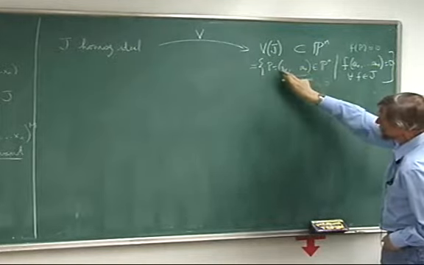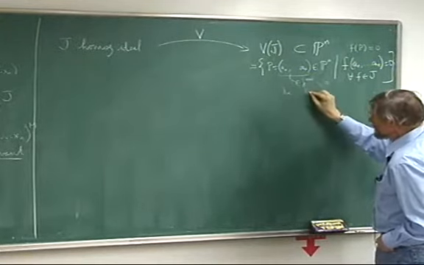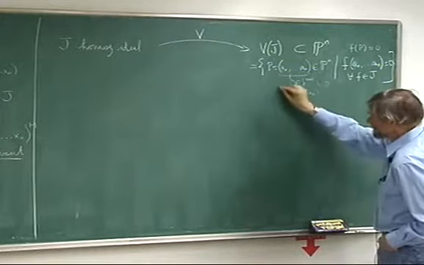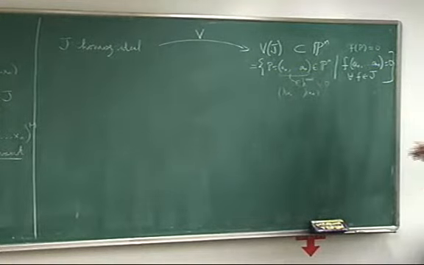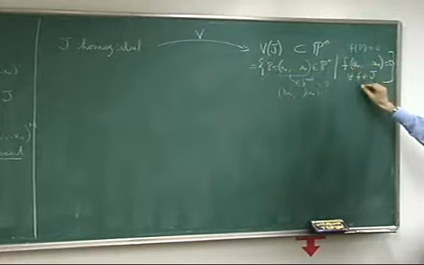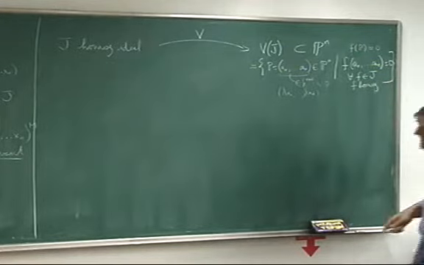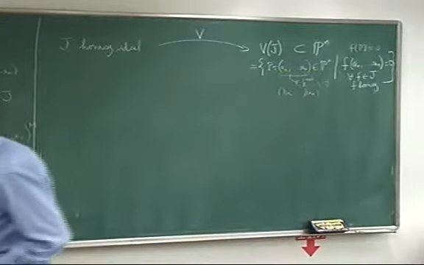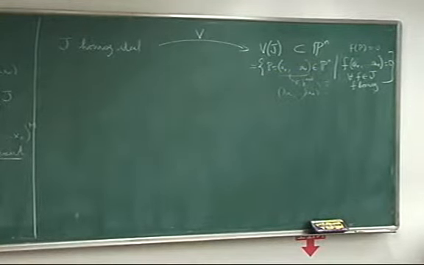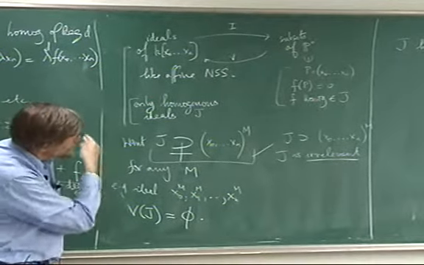I could also have lambda a naught, up to lambda an. It will be the same point of projective space. And so it's not really legal to write this condition, f of p equals 0. On the other hand, for all f in J, all f homogeneous. This J is a homogeneous ideal, which means among its generators there are homogeneous elements, or every element in J can be written as the sum of homogeneous elements still in J.